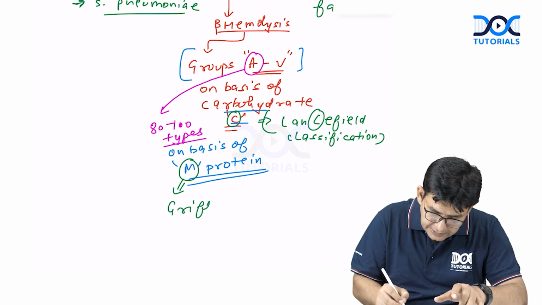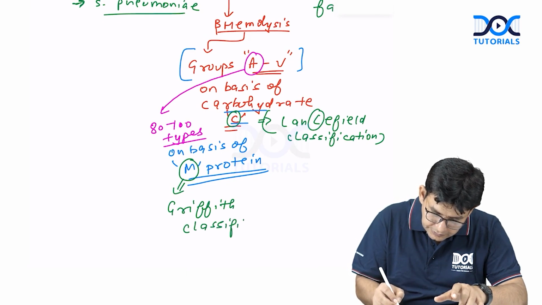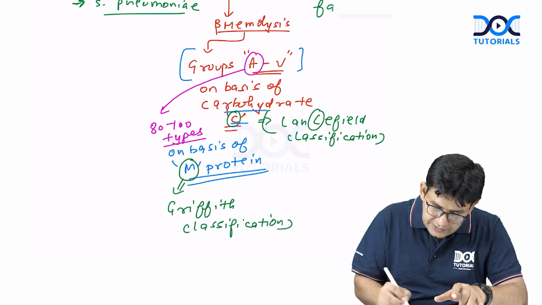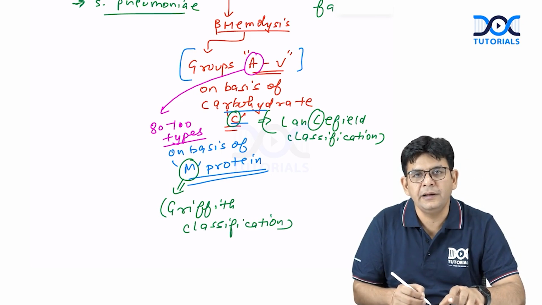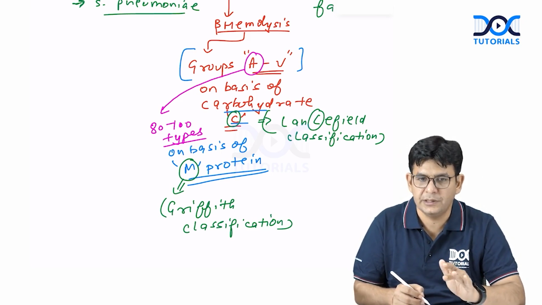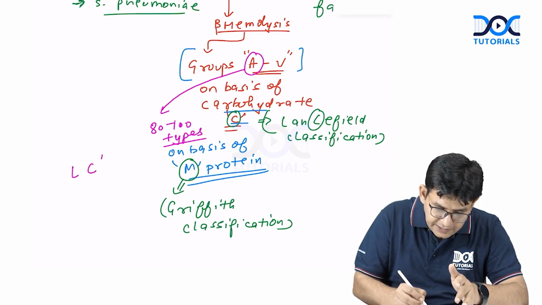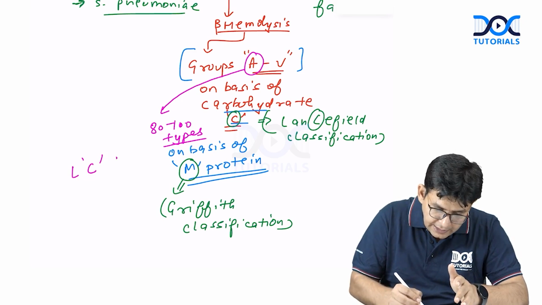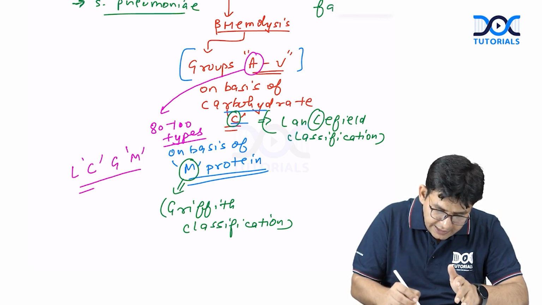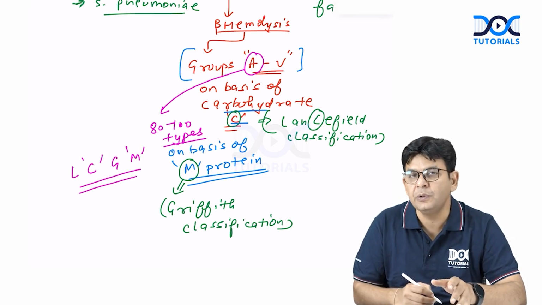Griffith classification. This question comes again and again, which depends on what. So Lancefield is based upon carbohydrate C and Griffith is based upon M protein. This you need to know.